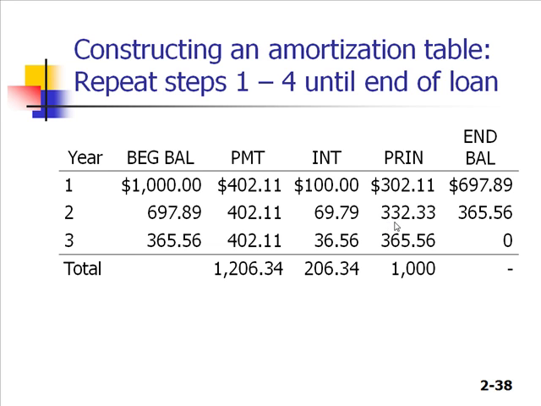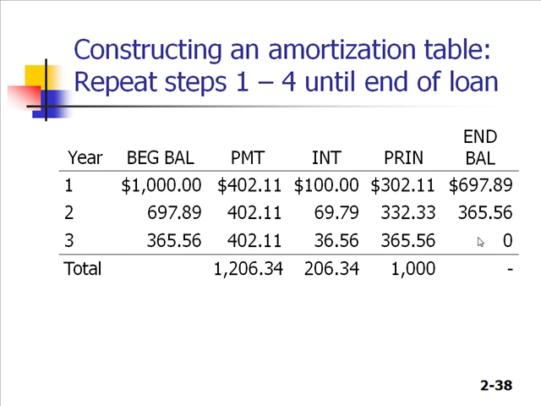So you paid off $332.33. And of course, if you take the beginning balance minus this principal that you repaid, you'll get an ending balance for that year of $365.56. Bring that forward to the next year, there will be even less interest on that, only 10% of this amount, so $36.56, leaving this much to go toward principal, and that just happens to wipe the loan out completely as of the end of year 3.